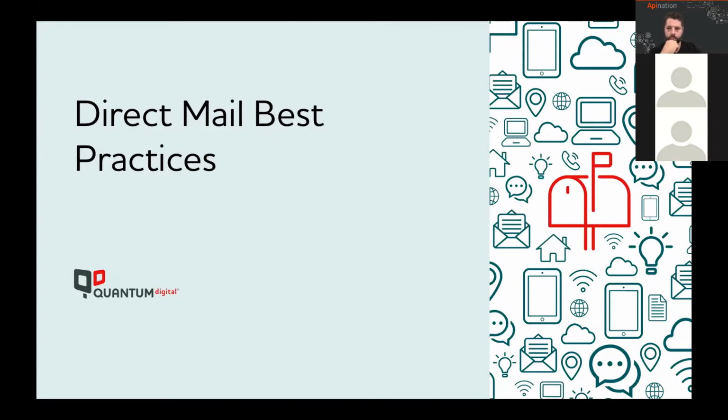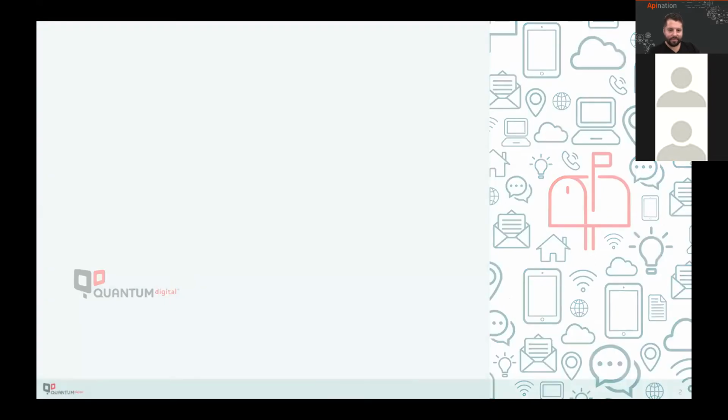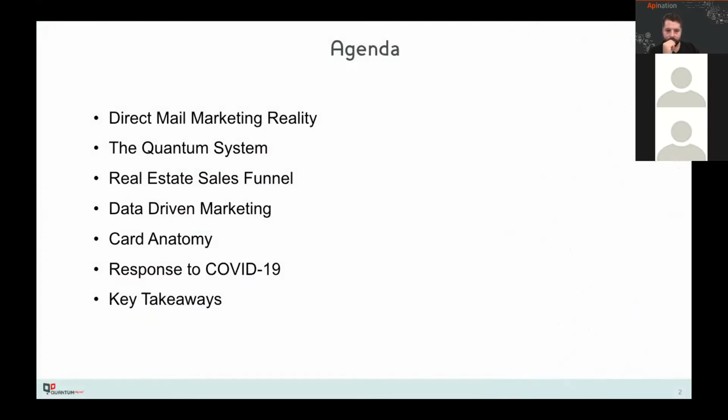So what you're getting is the most up-to-date, most data-driven, and technologically savvy mail in the US. Given that, here's a quick overview of what we're going to run through: the marketing reality of what QuantumDigital looks like through the lens of direct mail on everything real estate. I'm going to give you a quick overview of the system, not so much the product benefits and features, but the reasoning behind it. We're essentially filtering all best practices into our product already.